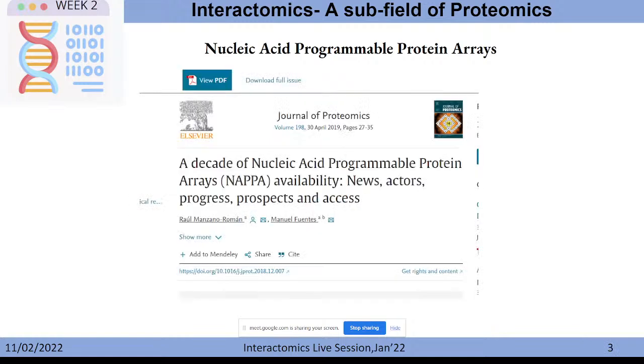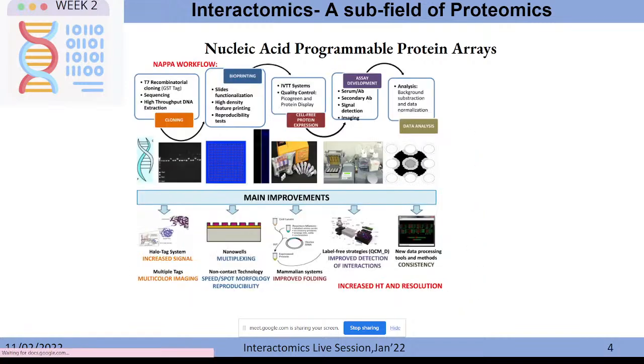So now it has been more than 10 years that the NAPA has been in place and used for different purposes. This review article tells how it has progressed over the decade, what the different prospects are, and what the different aspects are.